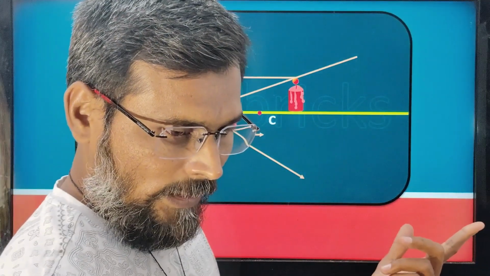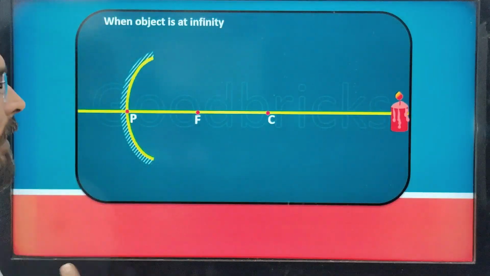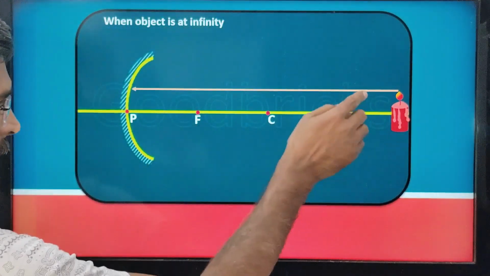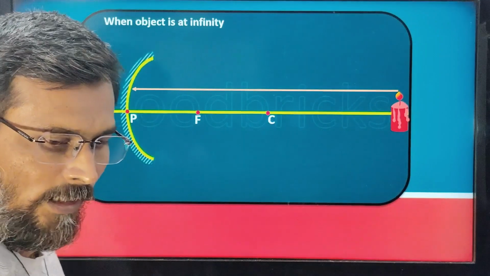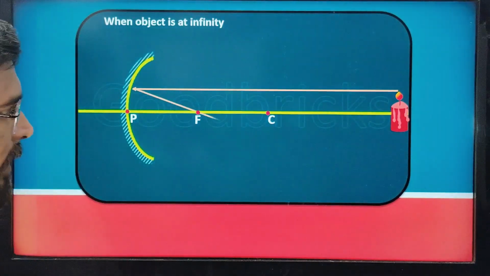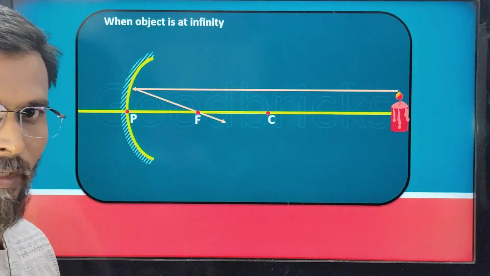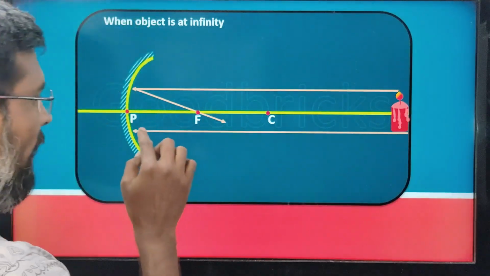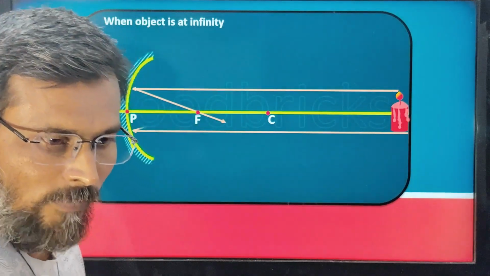Now let us look at the ray diagram when the object is at infinity, meaning very far away. See here very clearly, one incident ray is parallel to the principal axis and its reflected ray is passing through the focal point. Let us take one more incident ray from the bottom of this candle, and it will also pass through the focal point.